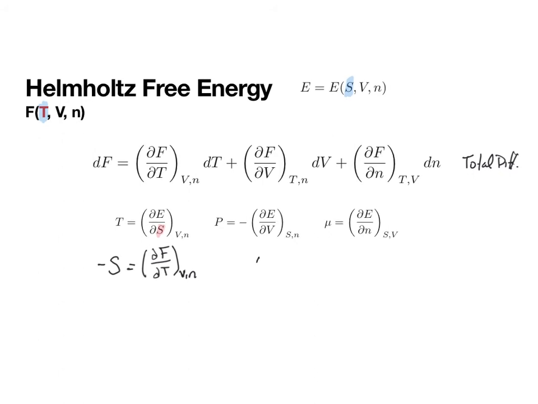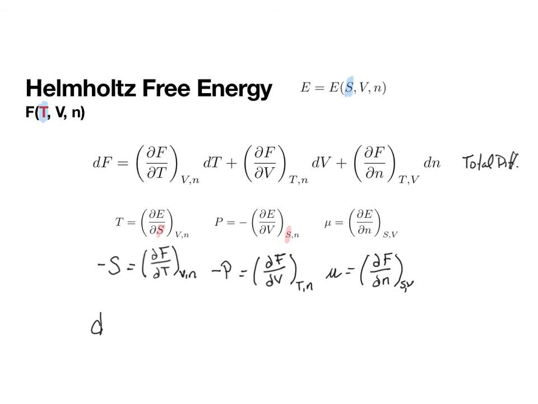For this one, we have the partial of F with respect to V at constant T and N. We're not changing the outside, which means that nothing changes, and so this is going to be negative P. And here we have the partial of F with respect to N at constant T and V, which is also going to be mu because we didn't flip any variables for their conjugates.